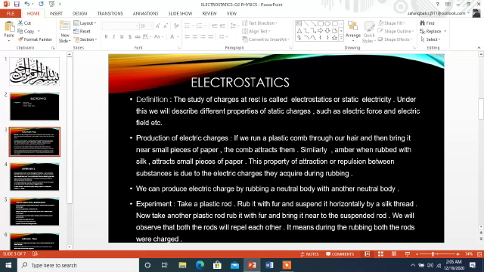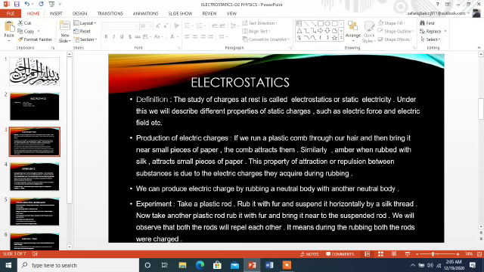So by the process of rubbing, when one object is rubbed with another object, it acquires charge, it acquires the power of attraction or repulsion, and we say that this object, which was initially neutral, has now become a charged body.